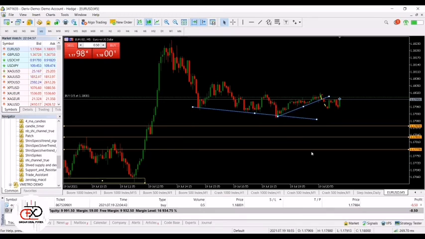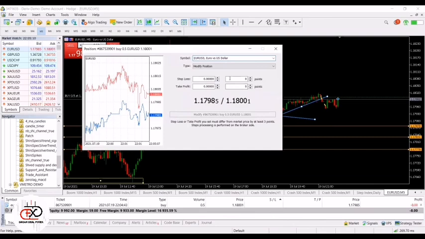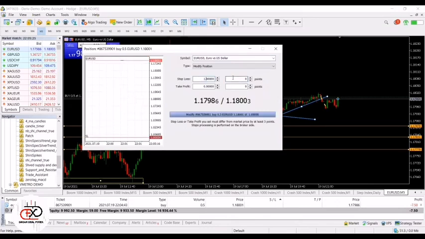Now, if you are setting your stop loss and take profit, then you will come and double click. I'll show it on the phone. You will come and double click. Then the price for the stop loss that was given, you are going to write it here. So let me say I bought and I'm putting my stop loss at 1.17900.